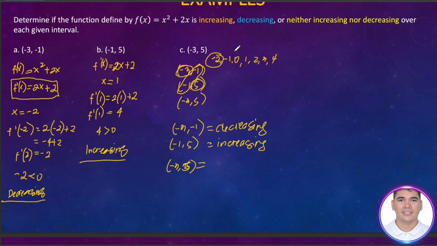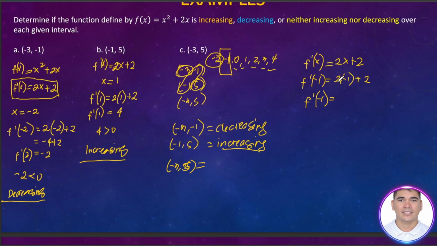If you choose 0, 1, 2, 3, and 4, the result is increasing. This is our f prime of x, 2x plus 2. Substitute natin. What if you choose negative 1? Yun yung hindi natin na-identify. So, for example, 2 times negative 1 is negative 2 plus 2. The answer is 0. See?